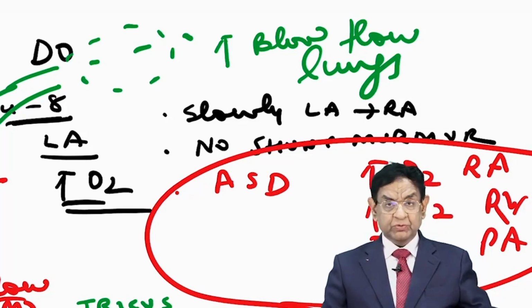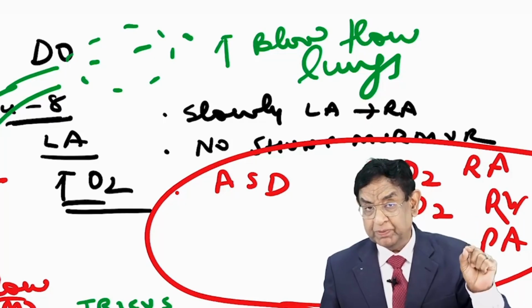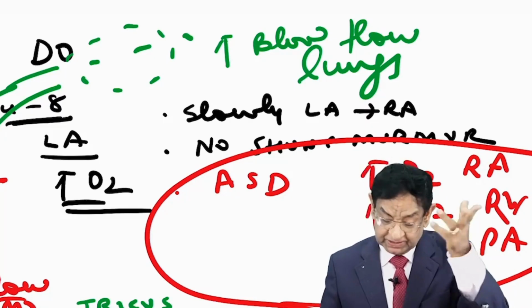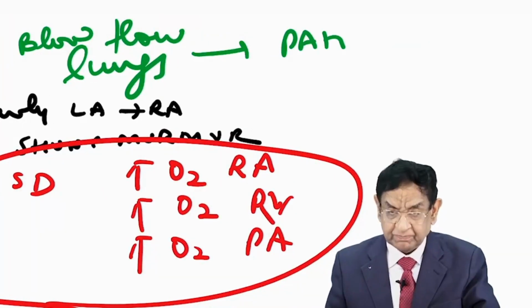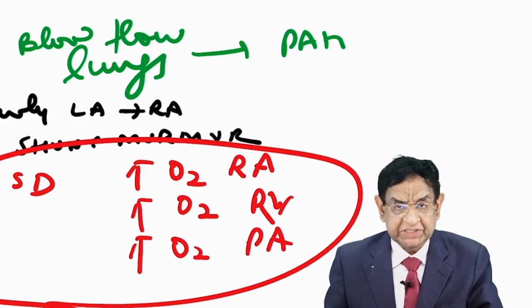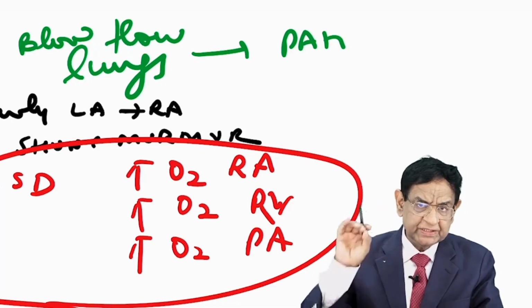And do I need to tell you the increased flow will lead to what? It can lead to pulmonary arterial hypertension? Yes, it can. So now we understood the meaning that in left to right shunt, the PAH will occur due to increased blood flow.